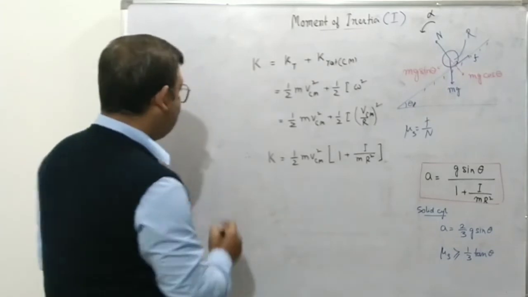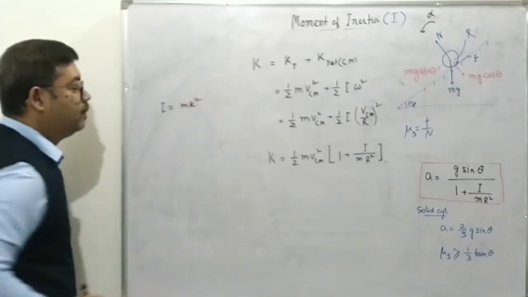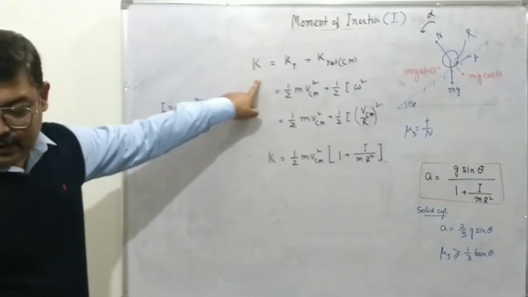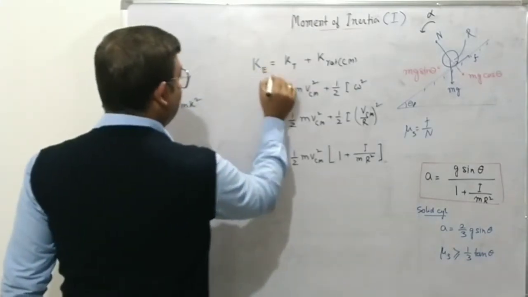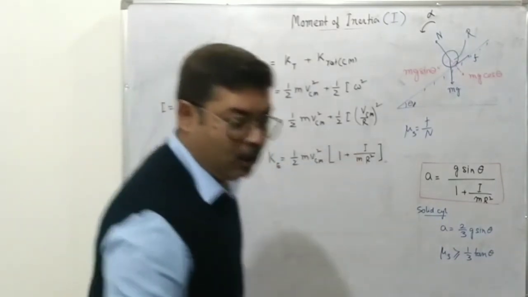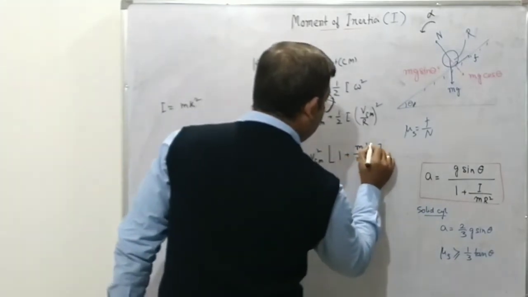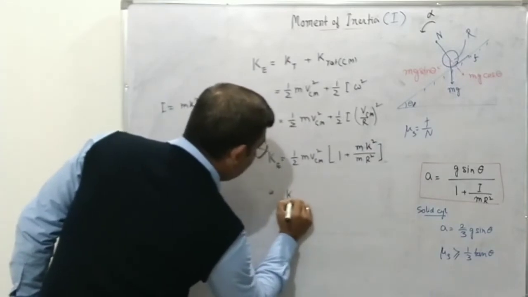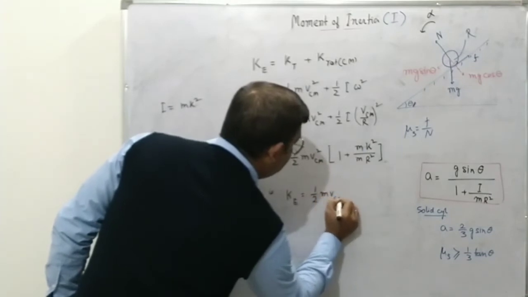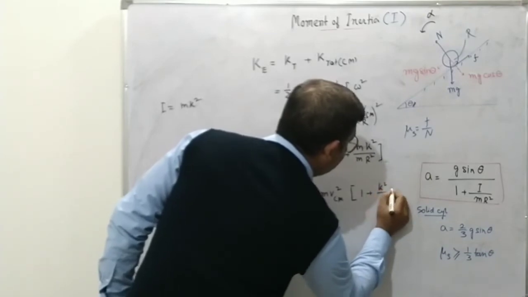Now we already know that I can also be given by m into k squared, where k is the radius of gyration. So if we substitute I with m k squared, total kinetic energy of rolling will be half m v cm squared into 1 plus k squared by r squared.